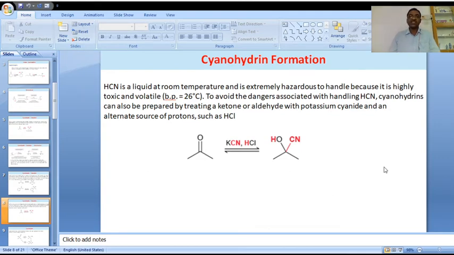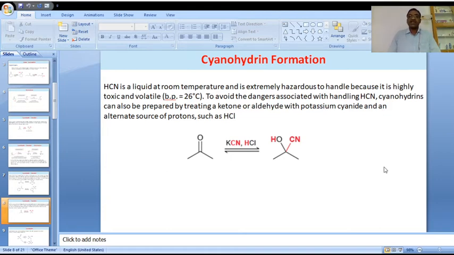It is a hazardous chemical, highly toxic and volatile. Its boiling point is 26 degrees centigrade, nearly room temperature, so it is easily volatile.